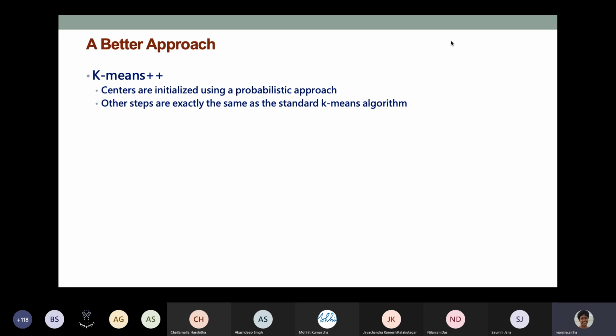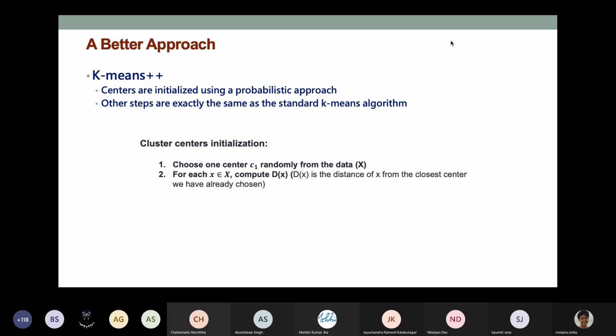So instead of just choosing randomly, we are taking the help of probability. How do we choose? We choose one center C1 randomly from the data. Now, for each point x belonging to the data set X, we compute the distance of x from the closest center we have already chosen.